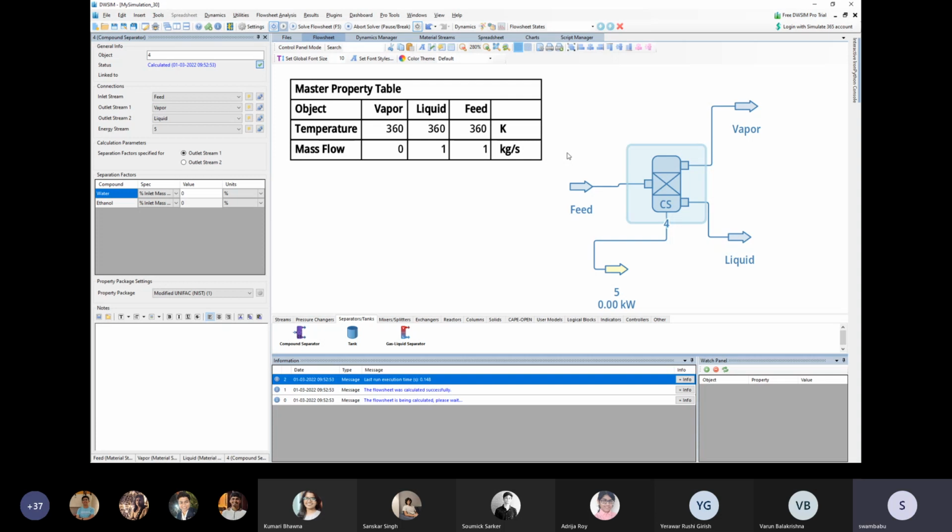But whatever I explained for the flash separator, flash calculations, and vapor liquid equilibrium data, I think they're all right. Why the flash calculation is not exactly showing the vapor flow rate, I will let you know next class. And that's all from me for today. If you have any questions, let me know.